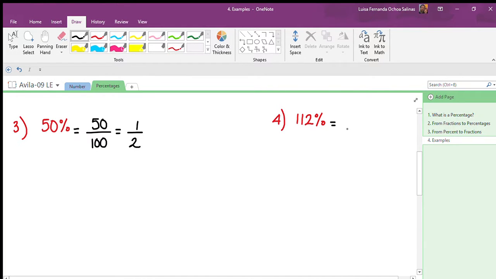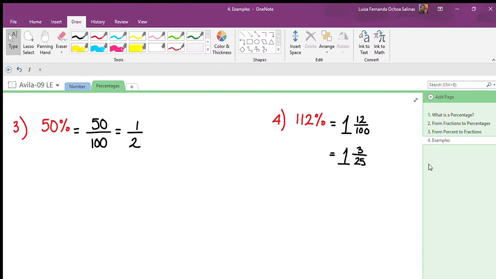But if we do it first and we say 112 over 100, I have to write this one as 1 and 12 over 100. And if I simplify 12 over 100, I get that this is 3 over 25. So this one is equal to 1 whole and 3 over 25. Fantastic.